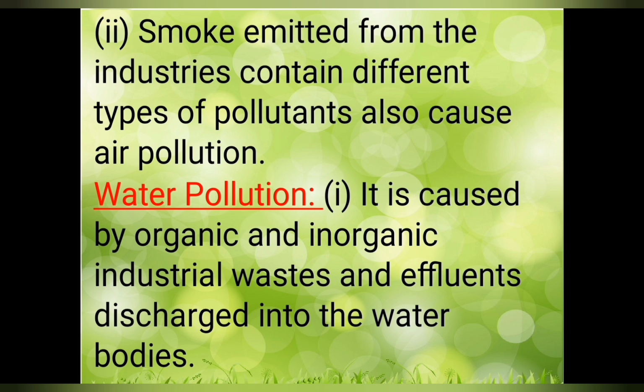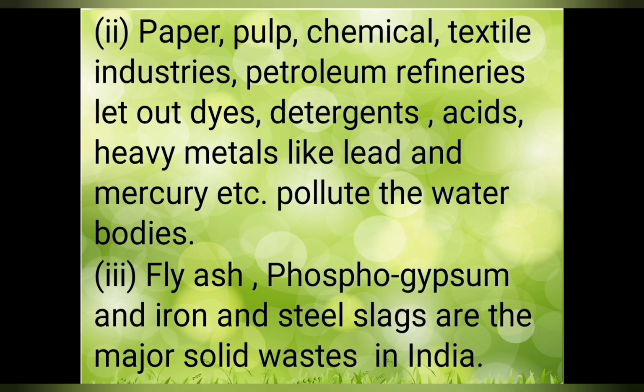Water pollution, the second one, is caused by organic and inorganic industrial waste and effluents discharged into water bodies before purifying. It causes water pollution and affects water organisms too.